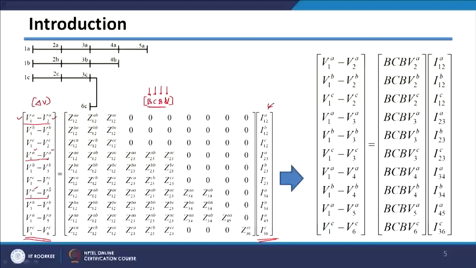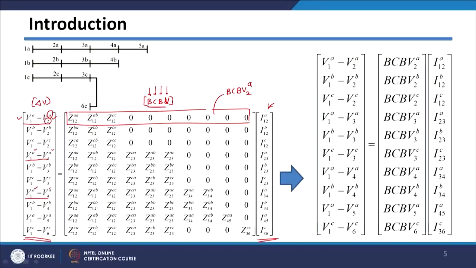In case of BCBV, I am dividing this matrix into rows. So, this particular row of the BCBV matrix, since it corresponds to node 2 and A phase, I am calling this row BCBV 2A.